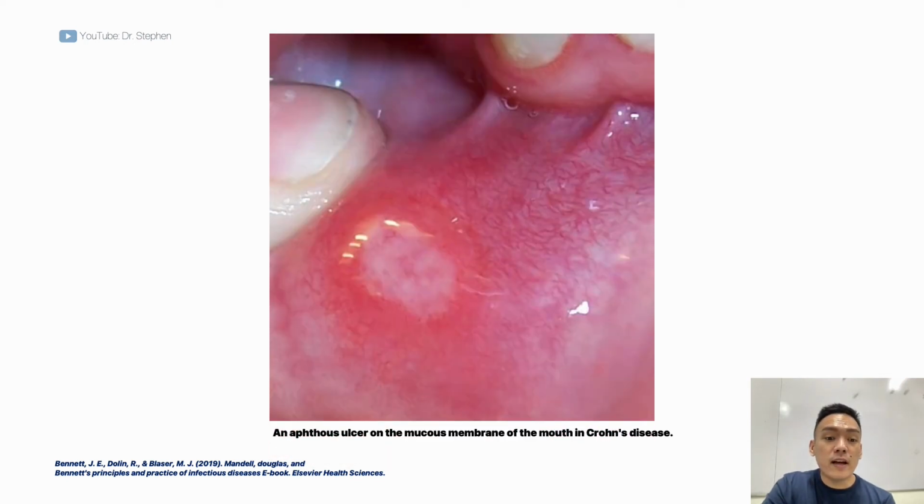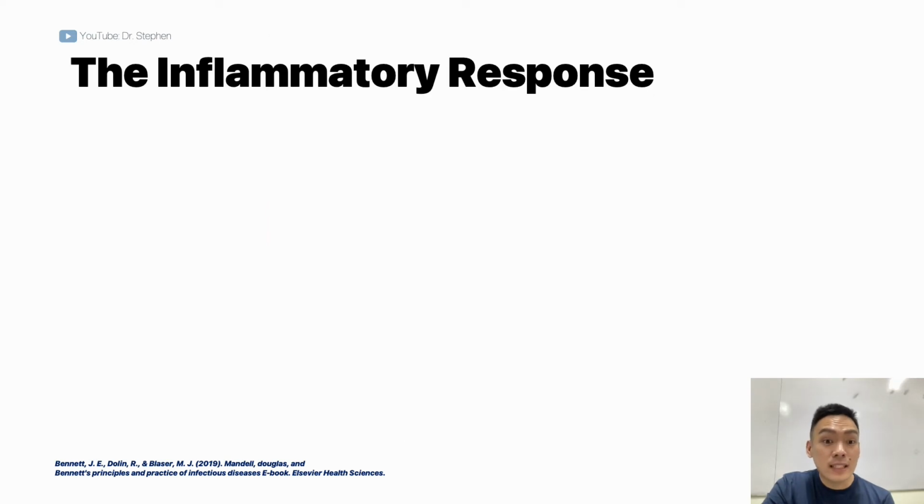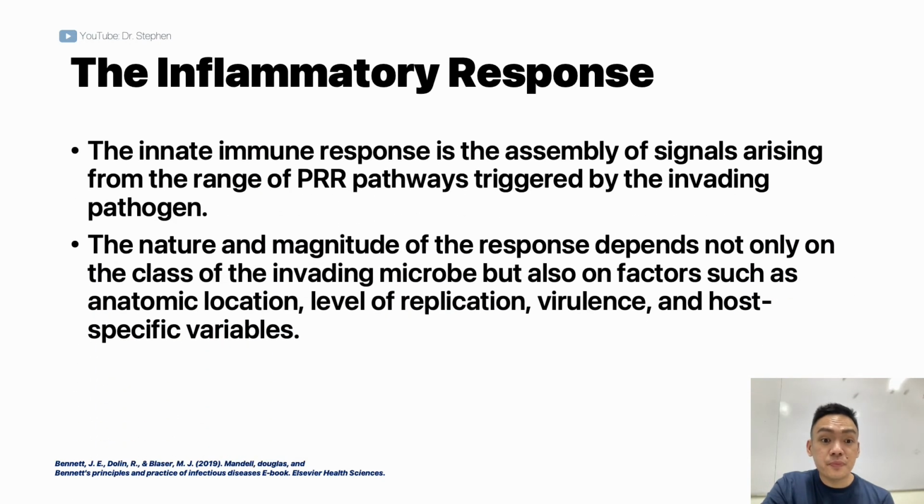Showing you here an aphthous ulcer on the mucous membranes of the mouth in a patient with Crohn's disease. And given its many important roles, there is great interest in developing approaches to target the autophagy pathway for potential new therapies and anti-infectives.